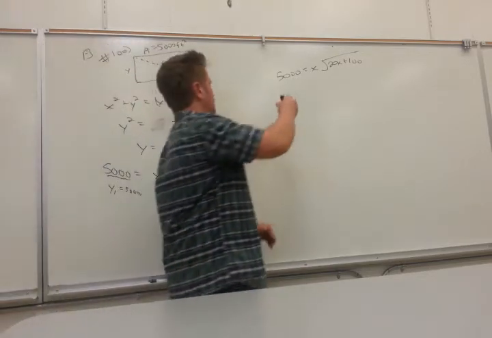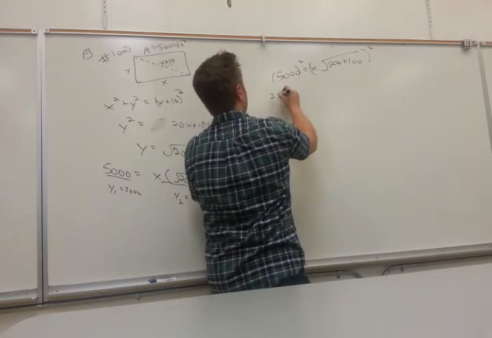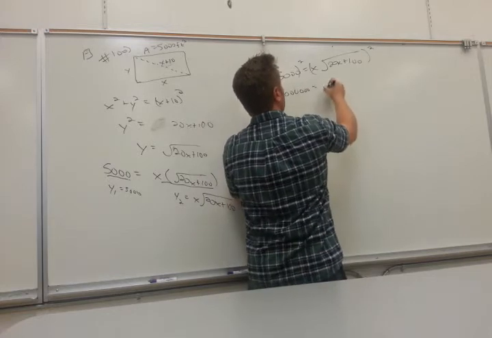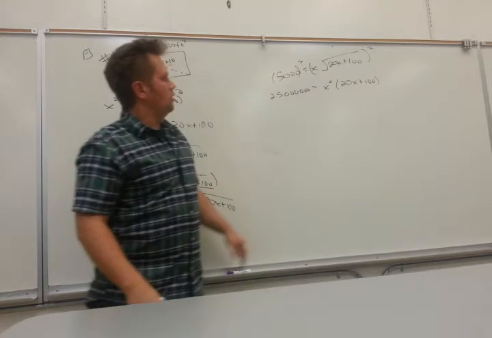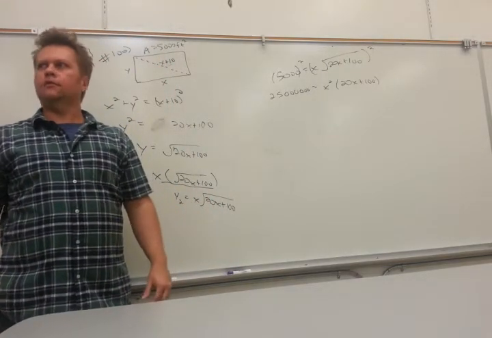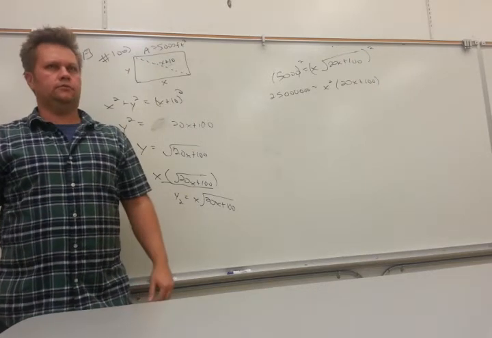Square both sides. So you get 25,000. X squared times this. So you get this, there's no way I'm going to factor that, right? And it's probably not got a nice answer.